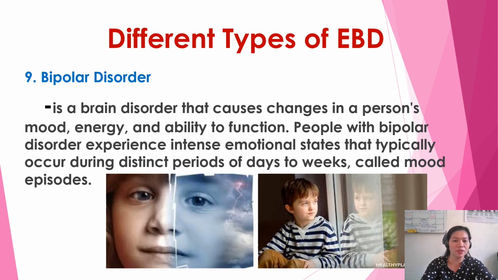These mood episodes are categorized as manic, hypomanic, or abnormally happy or irritable mood, or depressive, sad mood. People with bipolar disorder generally have periods of neutral mood as well. When treated, people with bipolar disorder can lead full and productive lives.